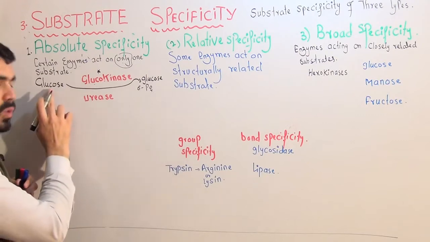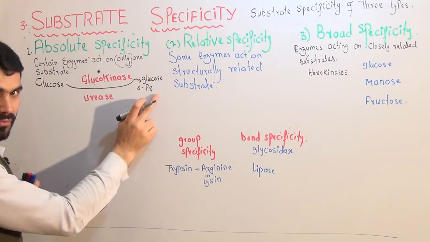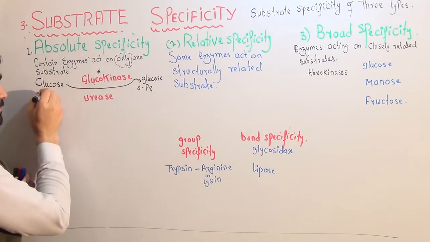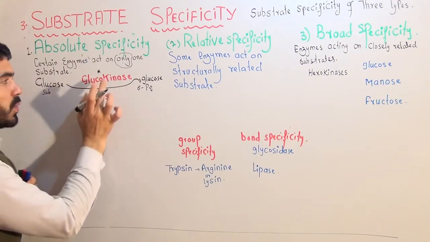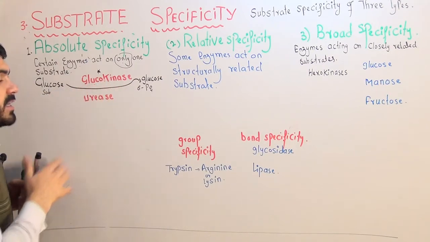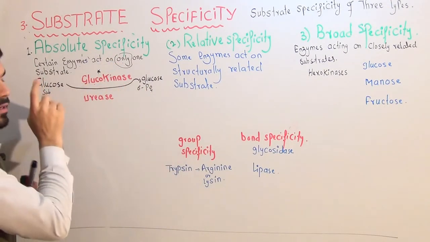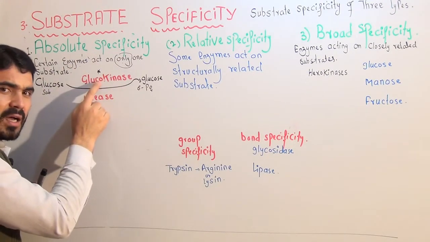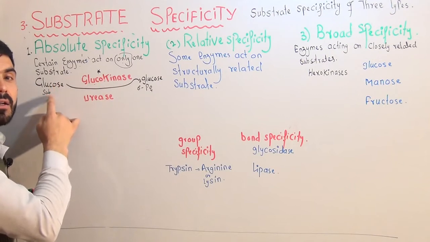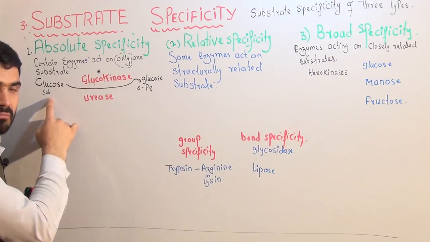Like glucose is converting into glucose 6-phosphate. This is our substrate. The enzyme is called glucokinase. Glucokinase is only, look at that, only acting on glucose to convert it into glucose 6-phosphate, but it is not acting on other cousins, friends, similar compounds of glucose, like mannose, like fructose.